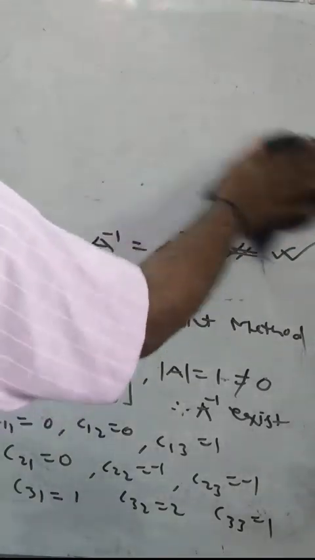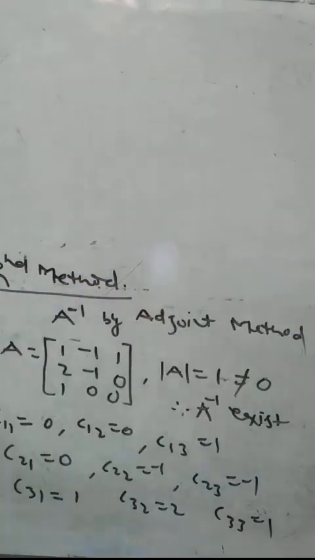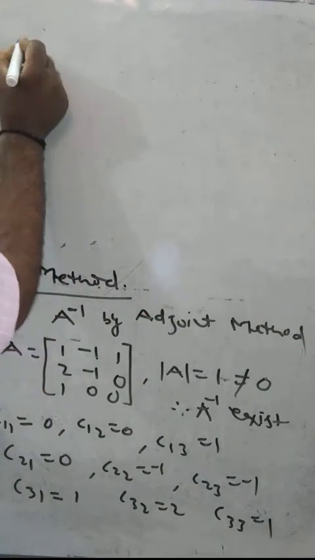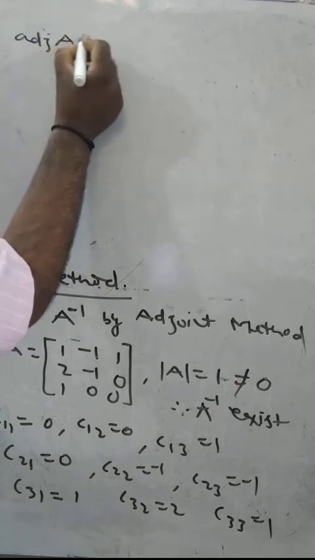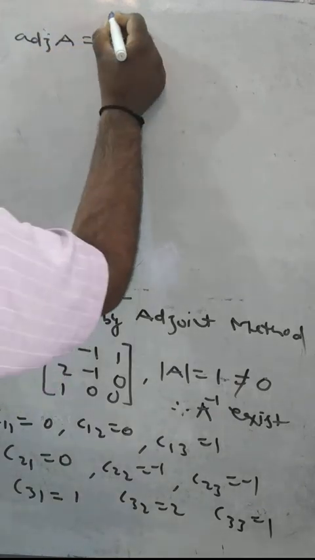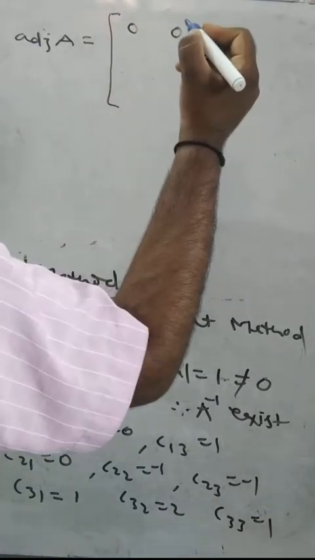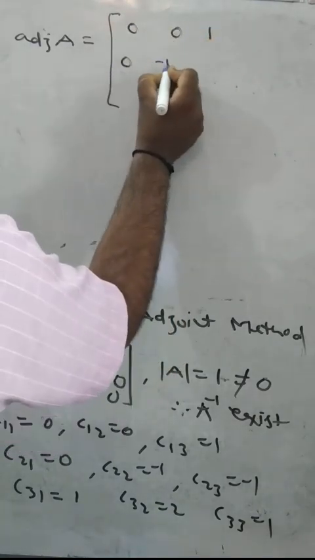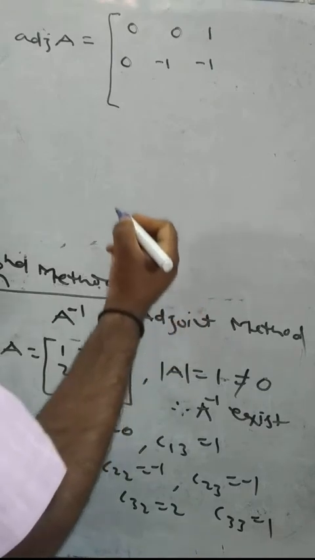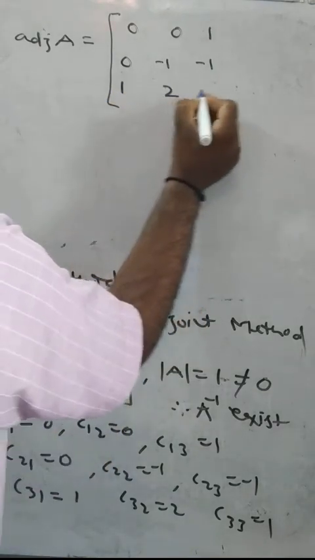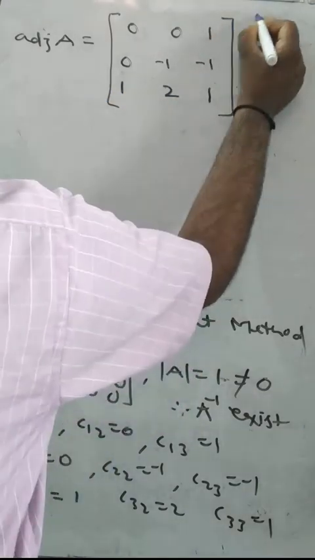So how is the adjoint of a matrix found? The adjoint of a matrix is found by taking the transpose of the cofactor matrix. So adjoint of A is equal to 0, 0, 1, 0, minus 1, minus 1, 1, 2, 1, and take the transpose of that.